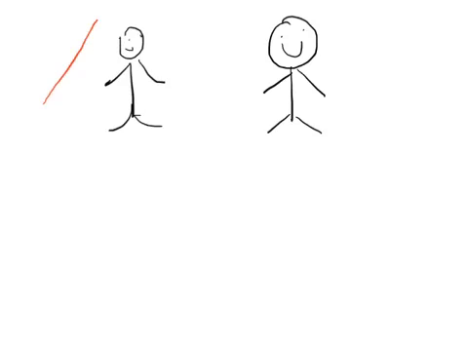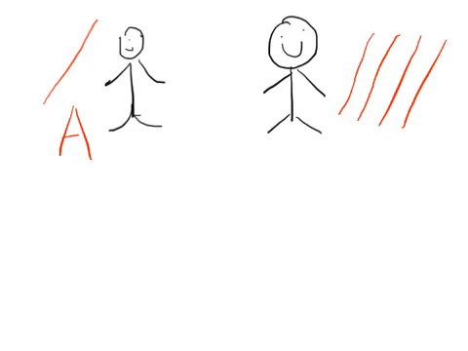And then I'm going to use red color again, and I'm going to draw sticks next to this boy as well. I've drawn 4 sticks here. Now, do you think I can make some comparison between these two? Yes, of course. Let's call this first boy A and the second boy B.